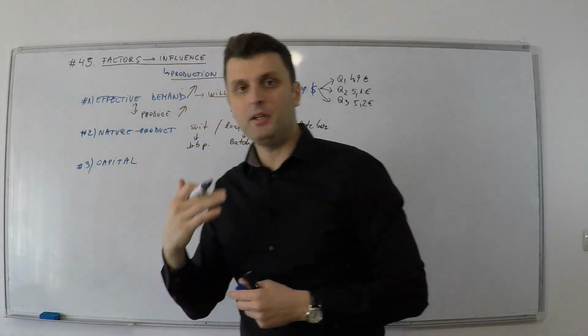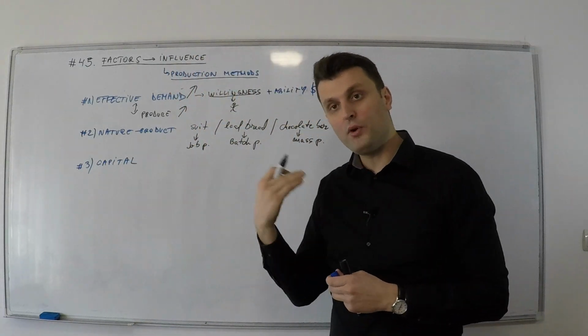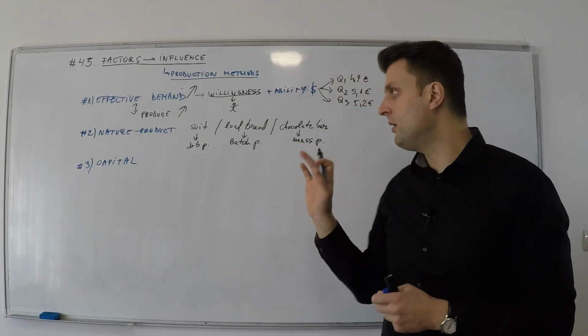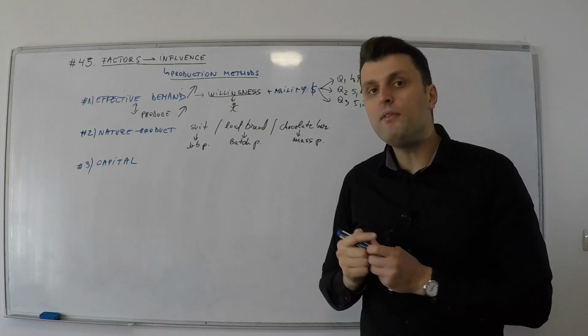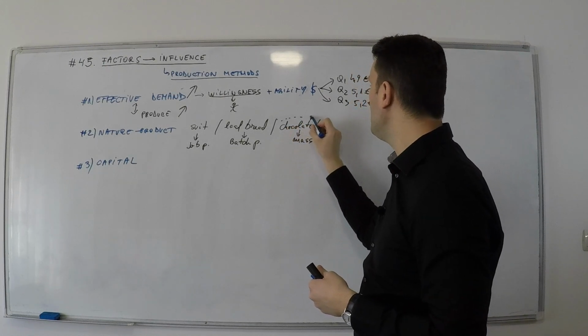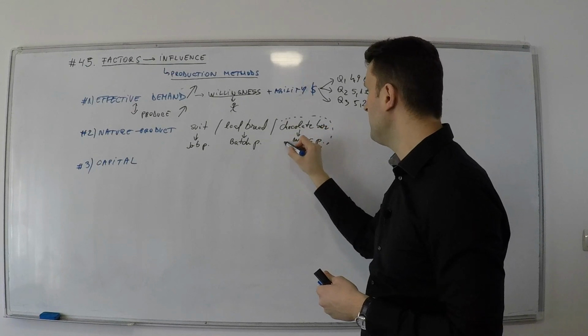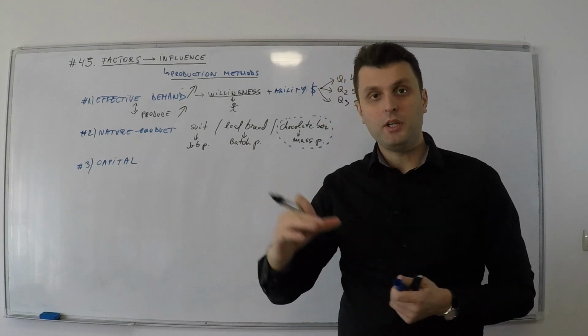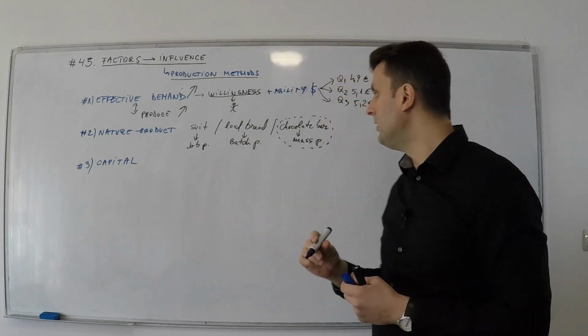The amount of capital you have available for your business is what's going to back up your dreams and make them come to reality, okay? So if you do not have the necessary capital to start your chocolate bar business as a mass production, as I've said, it requires a lot of investment in technology and machinery and other premises in general, okay?